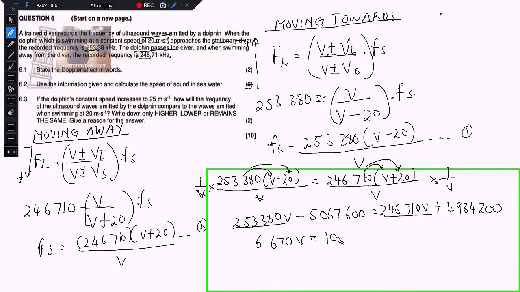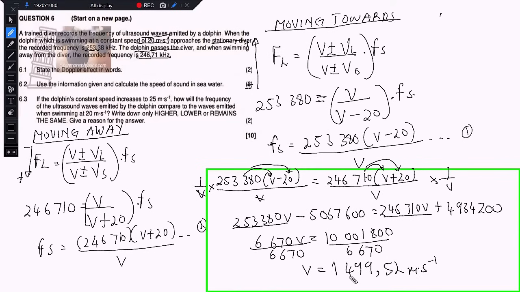This is giving us 10,001,800. Then dividing by 6,670, our V is now going to be 1,499.52 meters per second. So that's the speed of sound in seawater we have just calculated.